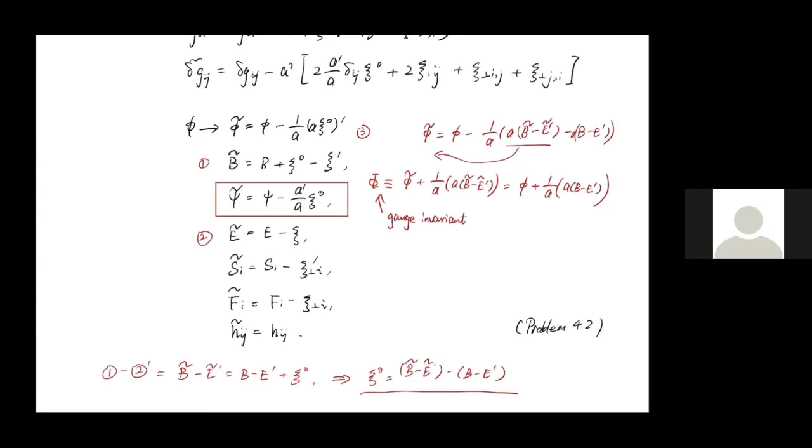The physical meaning is the Newton potential in some specific gauge where B and E are 0. This is called the conformal Newton gauge.